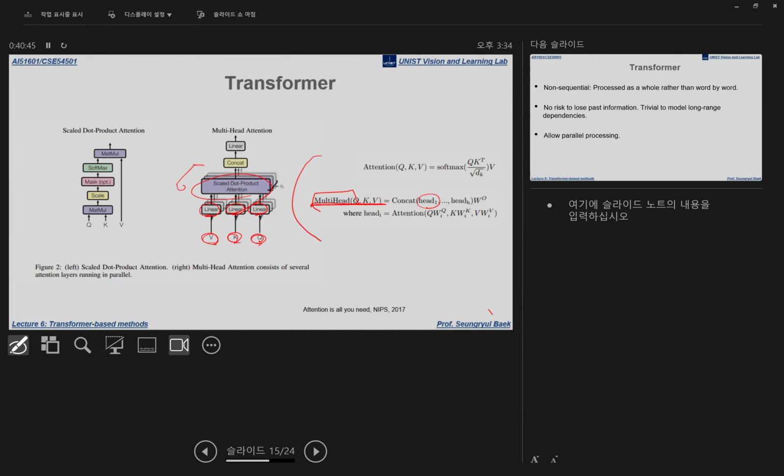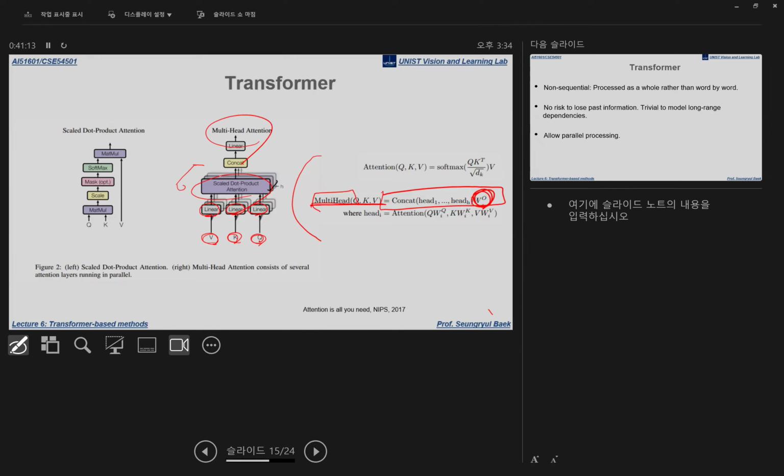After that, they are concatenating all the attention outputs here, and then applying another linear layer to merge that information. And then this becomes the final output. So this is the simple extension, multi-head attention, but with better final accuracy.